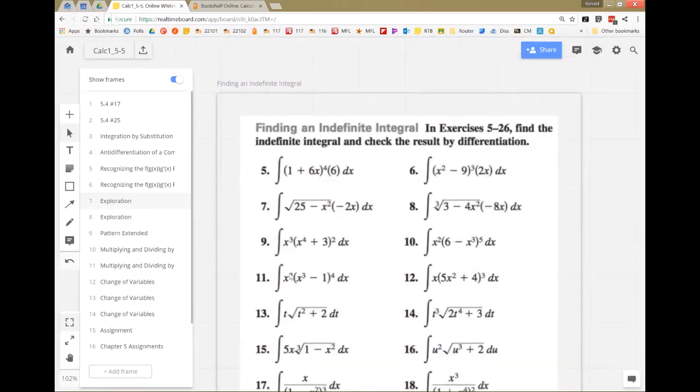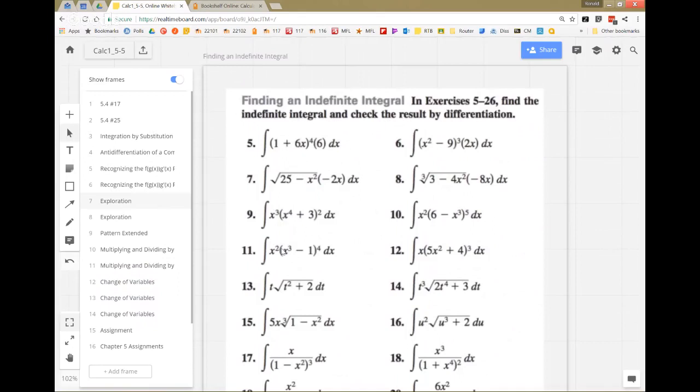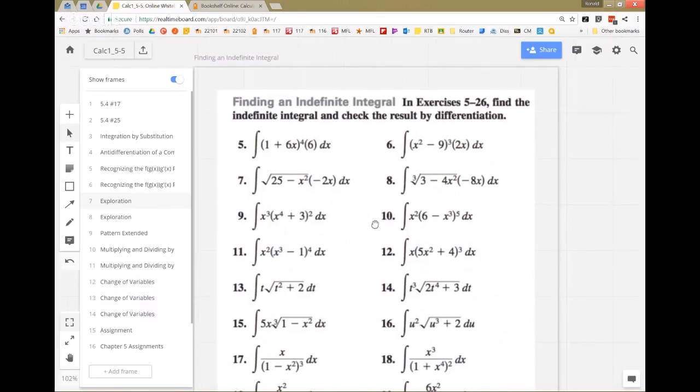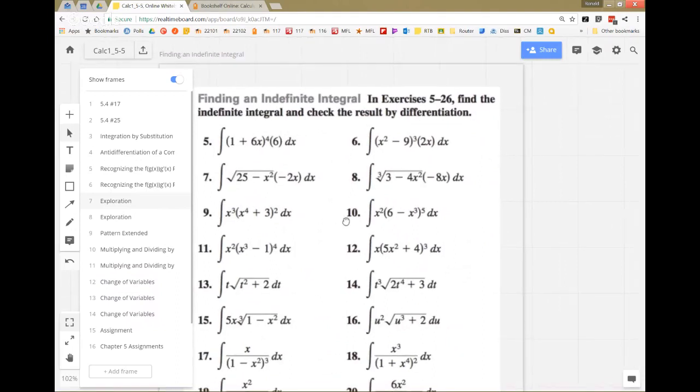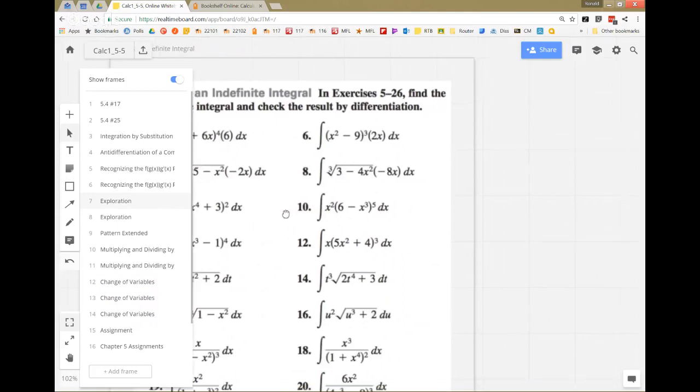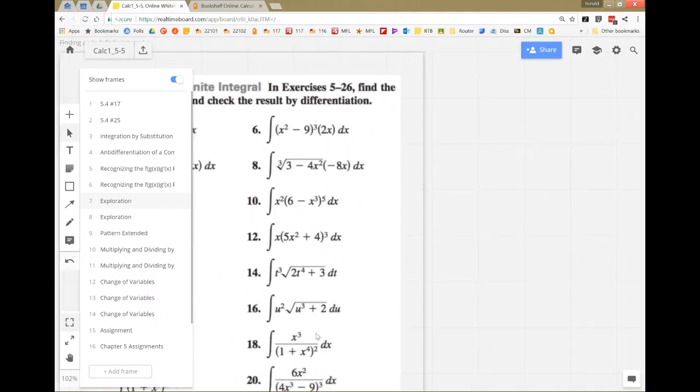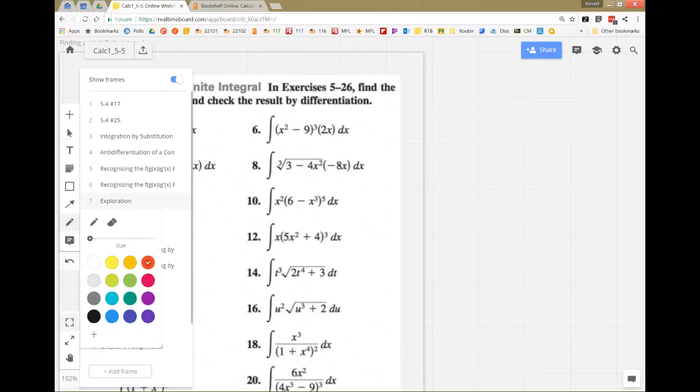So let's just practice one of these, and then I'll let you go off. How about we take number 6 here? It says find the indefinite integral and check the result by differentiation. Okay, so number 6. What's the innermost function? That's the x squared minus 9, the thing inside the parentheses the most.